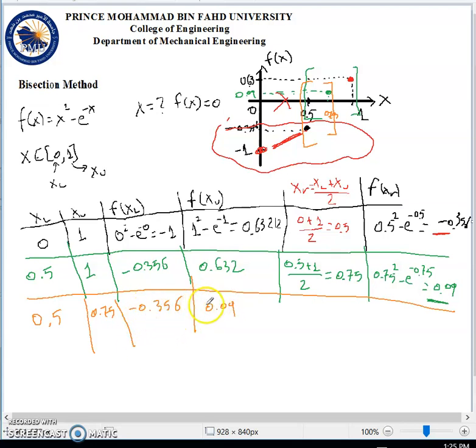Again, we observe that these two have opposite sign. At every iteration this will have opposite sign, otherwise there would be no root. And we repeat the process, coming to the middle here. So 0.5 plus 0.75 over 2 equals 0.625, and so on and so on.